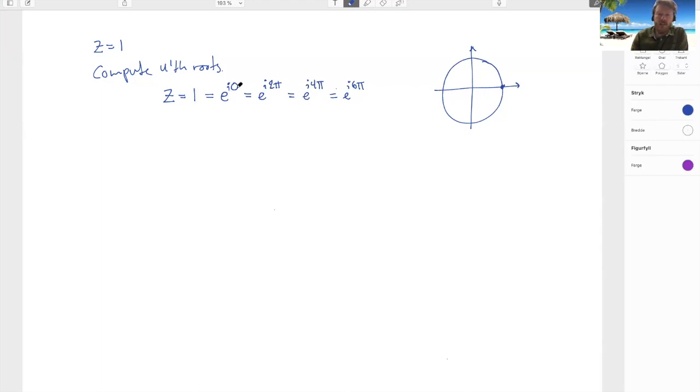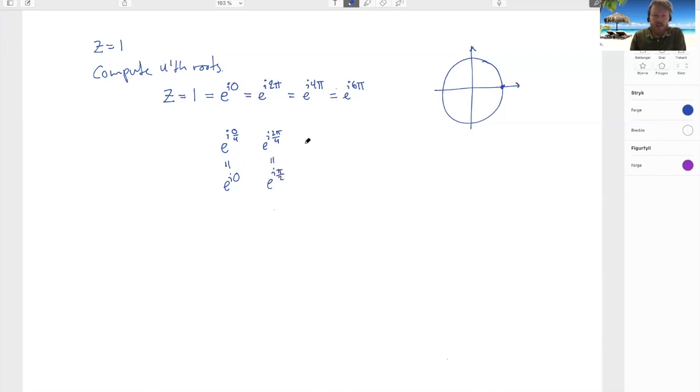Well, we can now divide this angle by 4 in each instance. So here, for instance, 0 divided by 4 is just 0. I can write it like e to the i 0 still. Here I get e to the i 2 pi divided by 4. So if I compute this, it's e to the i pi half.